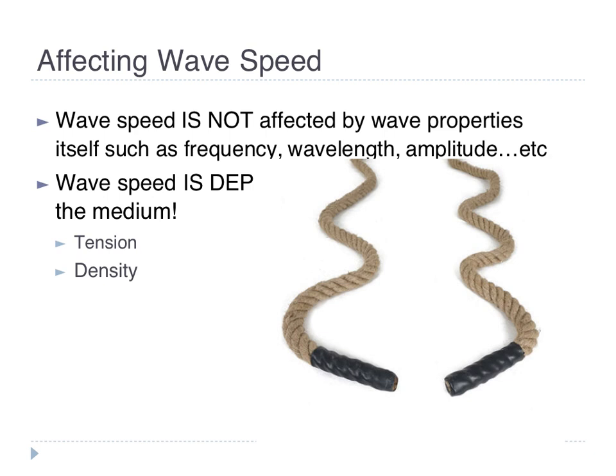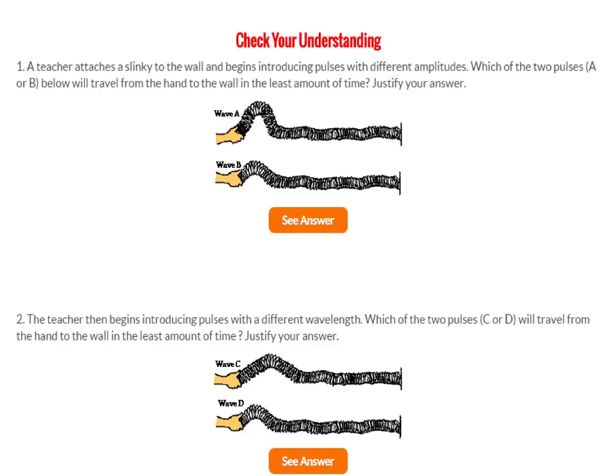So check out this one. It's a little small for you guys, but at the top it says 1. A teacher attaches a slinky to a wall and begins introducing pulses with different amplitudes. So if you see, wave A has a bigger amplitude, wave B has a smaller one. Which of the pulses will travel from the hand to the wall in the least amount of time?